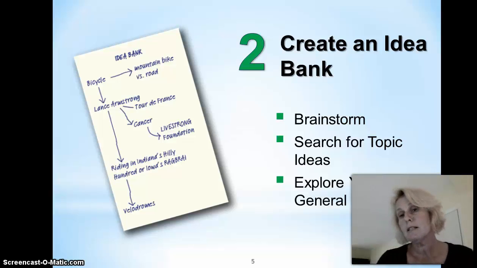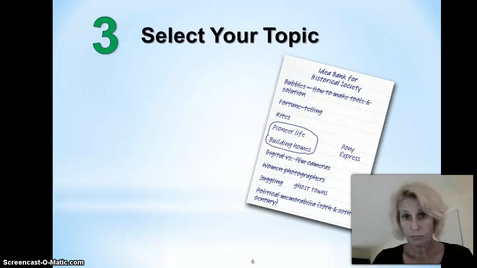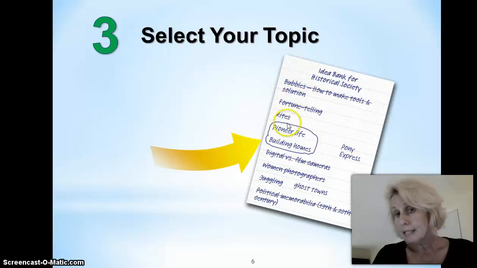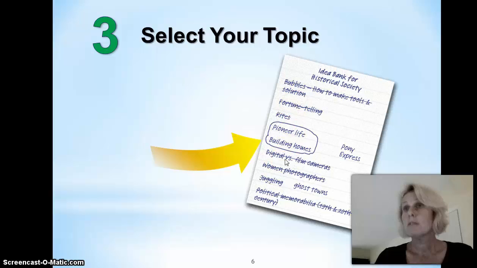So you make that list, you search for your topic ideas, and then you explore your general purpose. Okay? So when you're thinking about your general purpose, let's go back here, sorry about that. You have your listing here of all your topics, and we think about our audience. Let's say, for instance, I'm doing a speech and I like to talk about money.